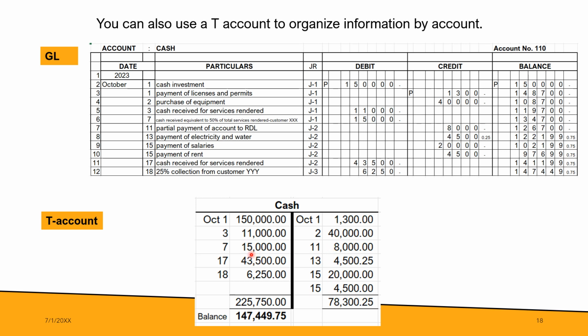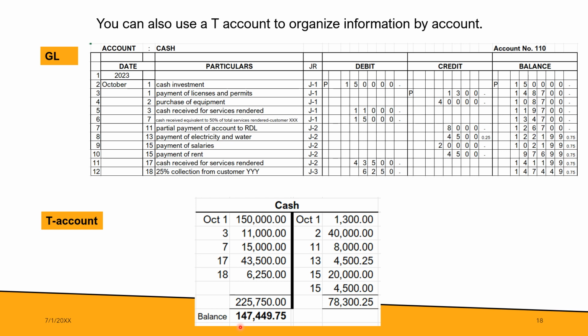You get the total debit entries, the total credit entries, and then the difference. Since cash is an asset and the normal balance of an asset is a debit balance, and the total debit is more than the credit, the difference is a debit entry.